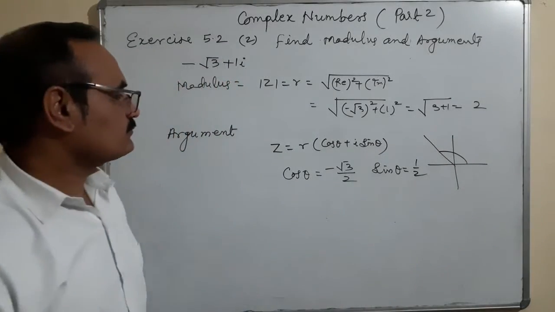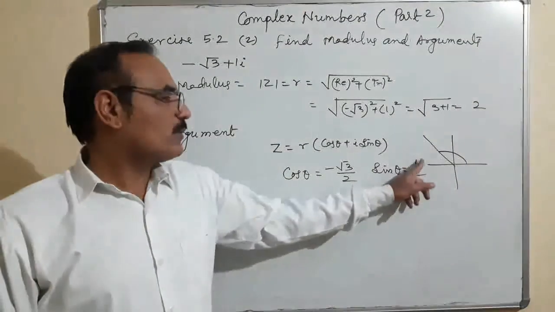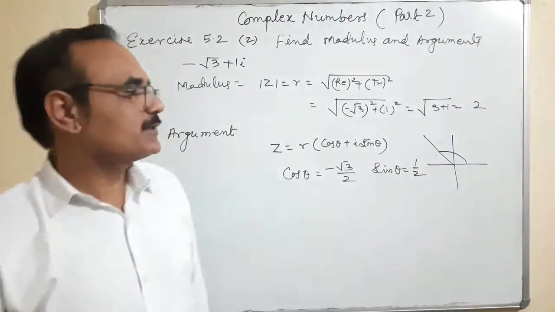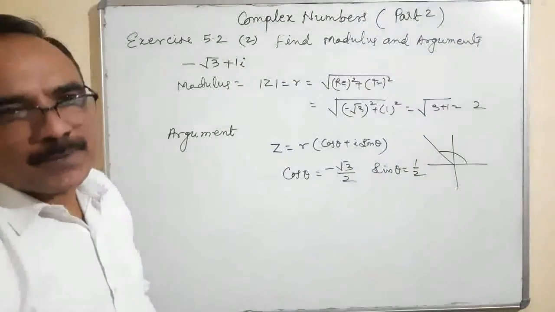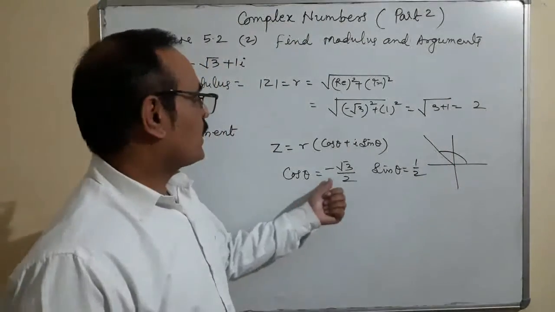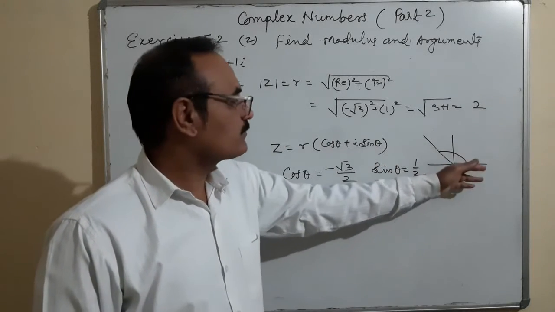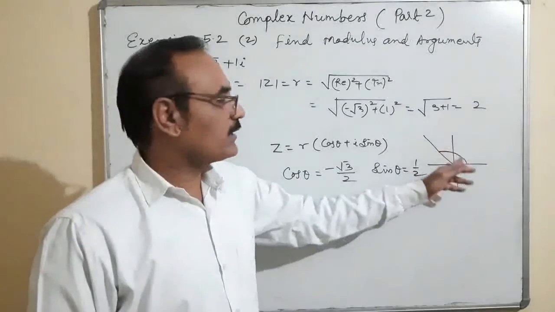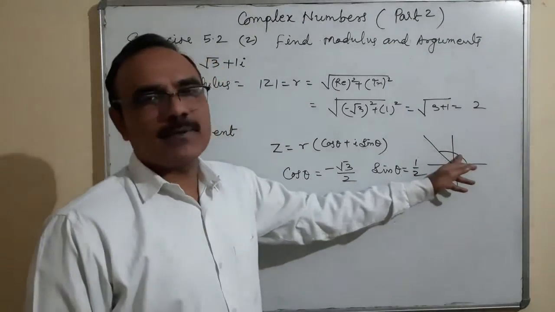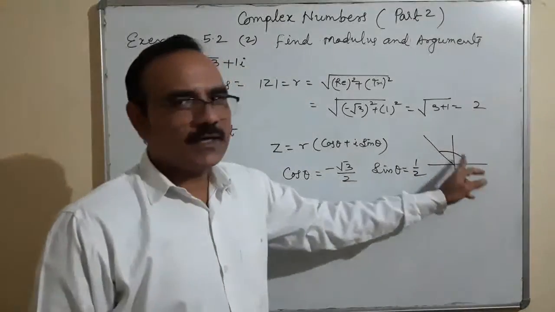Sin theta is equal to imaginary part upon r, 1 upon 2. Okay. Root 3 by 2, pi by 6. 1 by 2 inside it is pi by 6. So what does it mean? Pi by 6. Okay. And because cos is negative in the second quadrant, what happens? It is coming 90 plus pi by 6, 30, 120. Okay. So this value is 120.